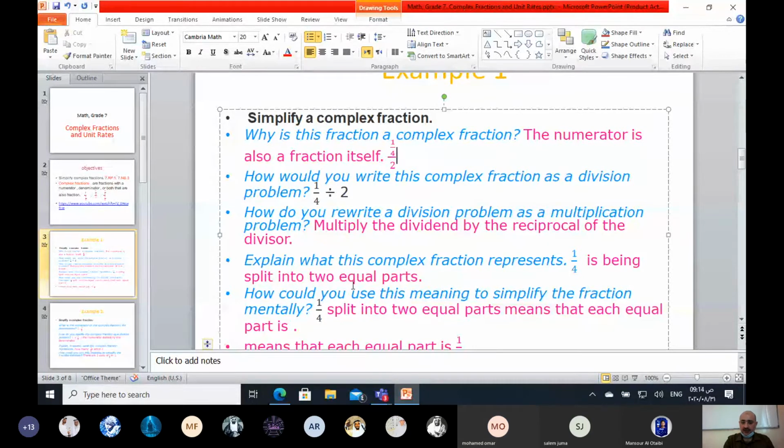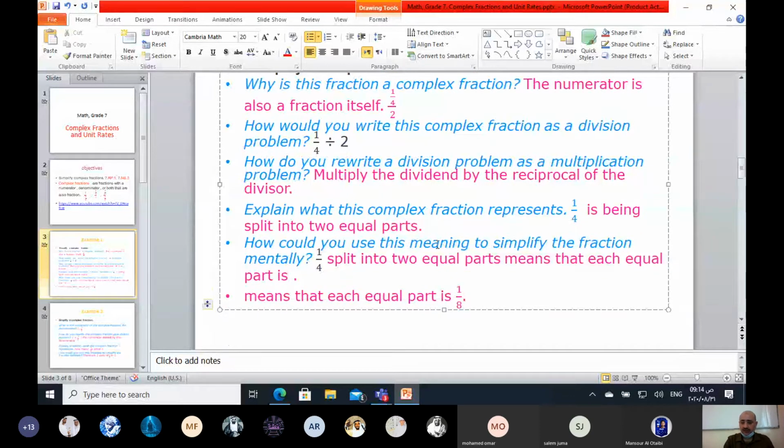Now, this complex fraction represents 1 over 4 being split into 2 equal parts. 1 over 4, we want to divide mentally into two equal parts.